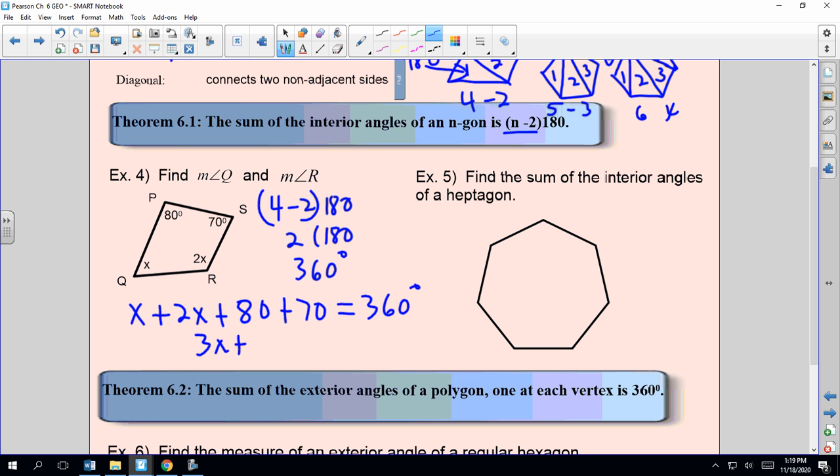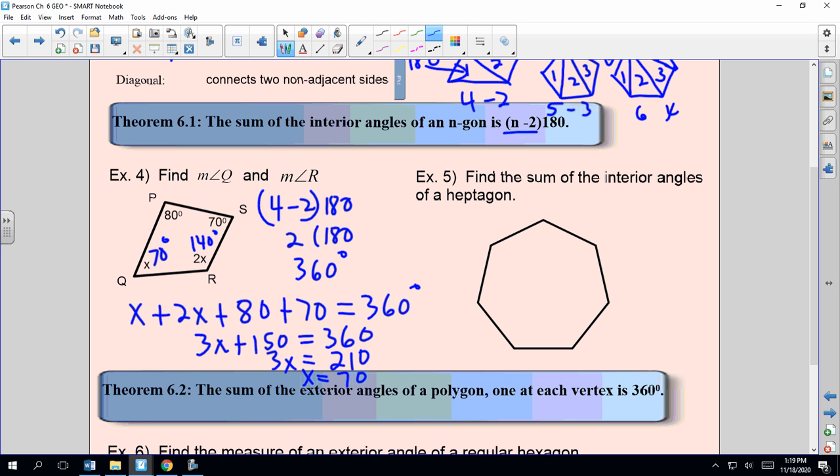Combine like terms and solve for x. Subtract the 150 over, and you get 3x equals 210, and x equals 70. So if x equals 70 degrees, then 2x would be 140 degrees. So we found the missing angles Q and R.